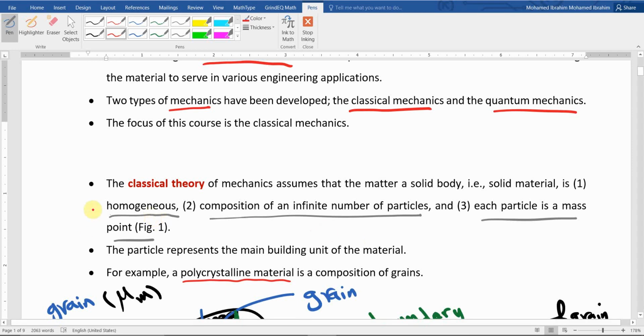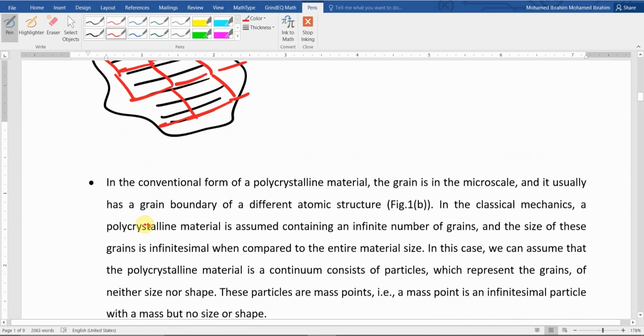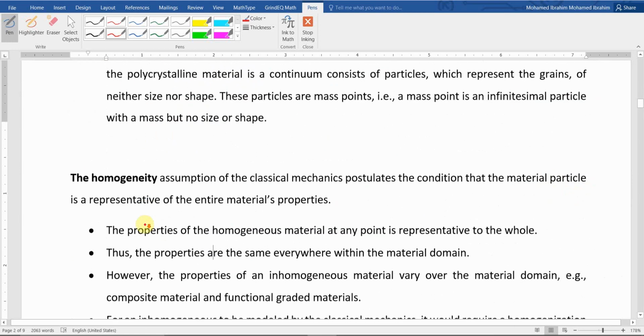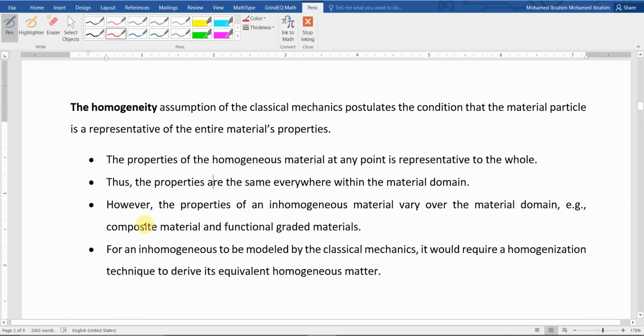What does it mean that the material is homogeneous? A homogeneous material means that the properties of the material are the same everywhere, at any point belonging to the material. And the homogeneity assumption of classical mechanics postulates a condition that the material particle is a representative of the entire material properties.